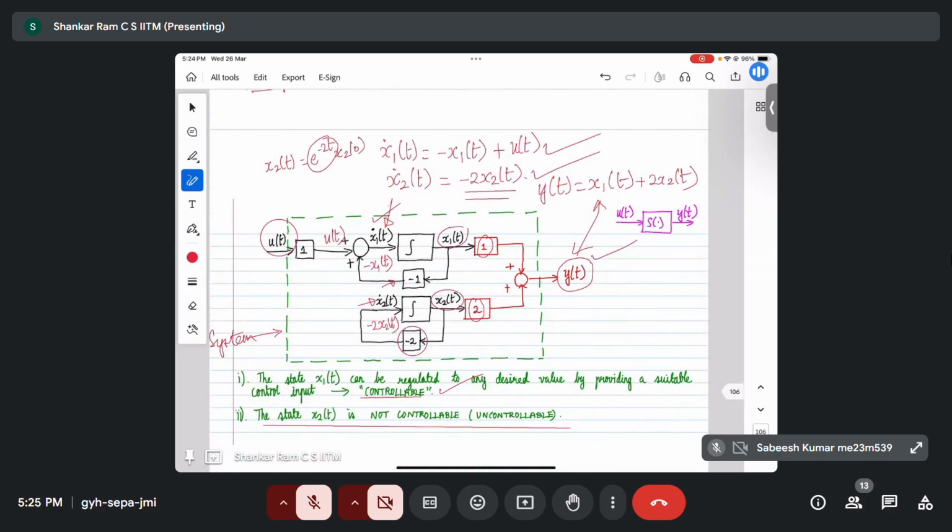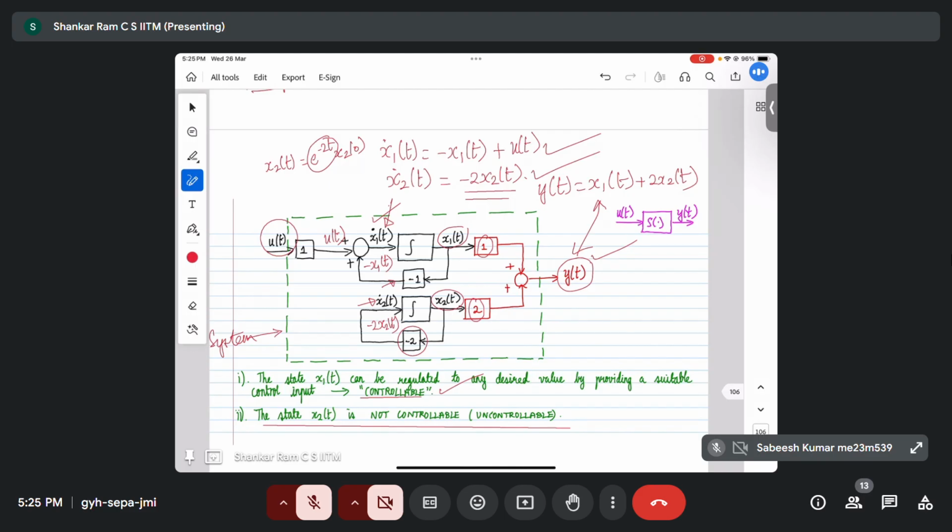We saw that the state x1 is influenced by the control input, whereas the state x2 is not influenced by the input u.